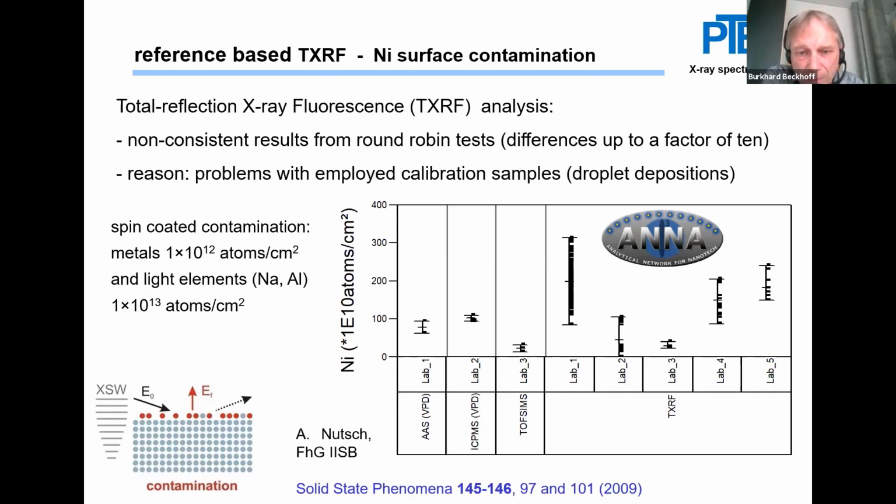And you see here the comparison of 5 TXRF instruments at different positions of these wafers to the right, as compared to atomic absorption spectroscopy, ICP-MS, and TOF-SIMS. And you notice deviations of about 1 order of magnitude, which is way too much.